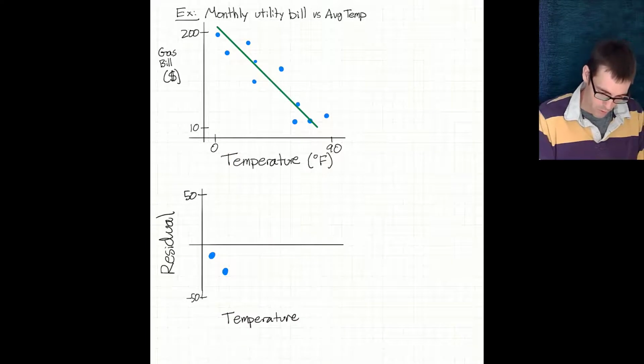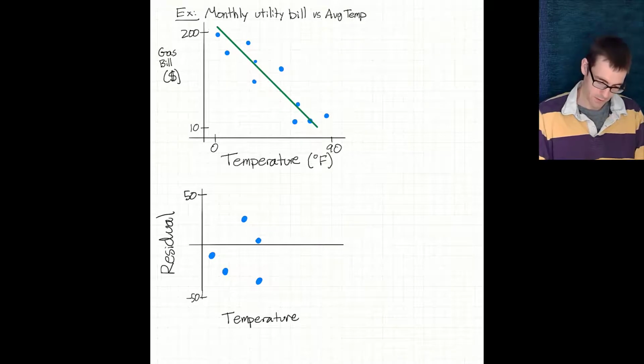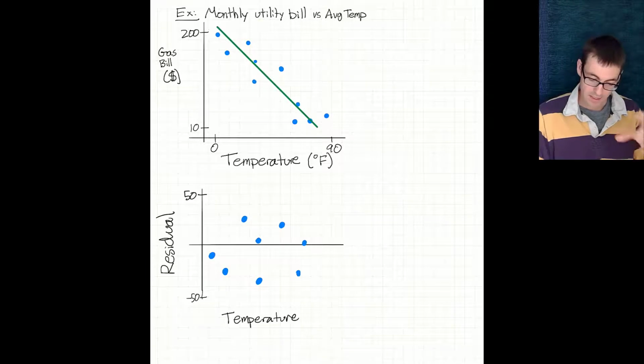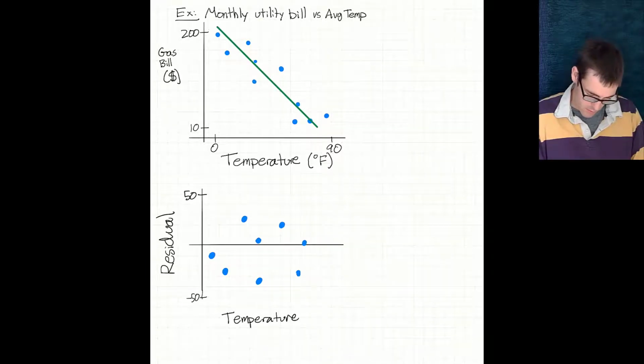And then doing a few more, that third point is somewhere up here. This one's kind of low, right next to one that's fairly negative, and so forth. So we can fill out the rest of this residual plot, where what we're plotting on the y-axis is the difference between the actual value and the predicted value.